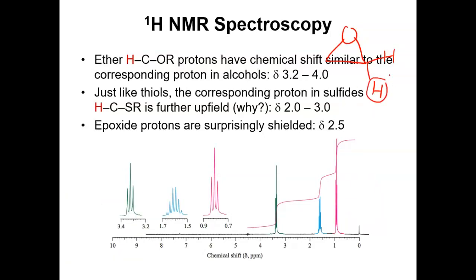So why is that the case? Those protons are about 2.5 ppm because those CO bonds are weaker than typical CO bonds, because the bond angle is far less than they want to be. So the sigma bond electrons don't exactly stay in between the oxygen and the carbon, at the center of the bond.